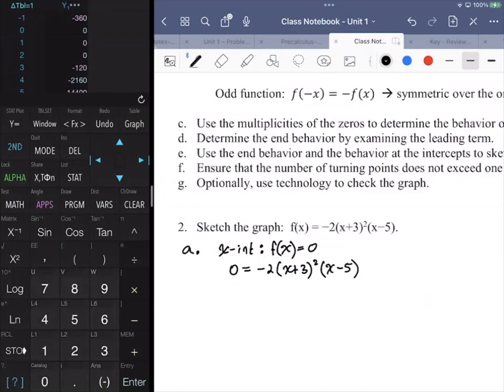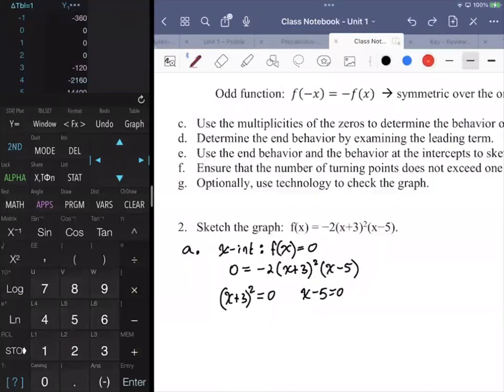So set each factor equal to 0. Well, -2 is a constant multiplier, so we could just toss that. Right? So I would say x plus 3 squared is equal to 0. X minus 5 is equal to 0. I mean, if you wanted to, you could put -2 equals 0, but then you get a contradiction. So you would just cross that out anyway. All right.